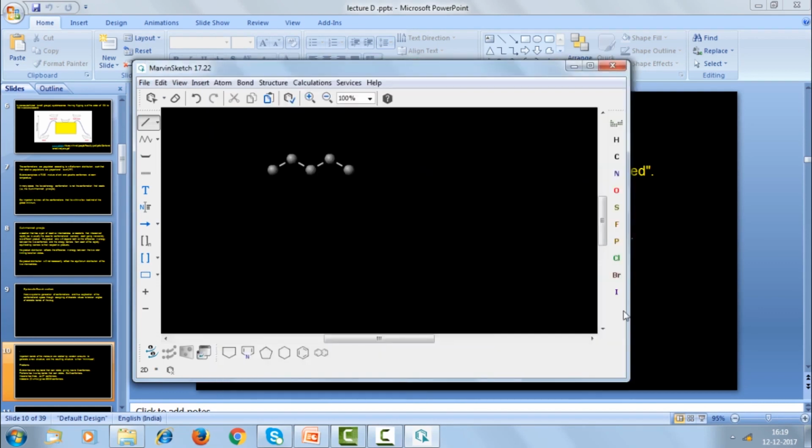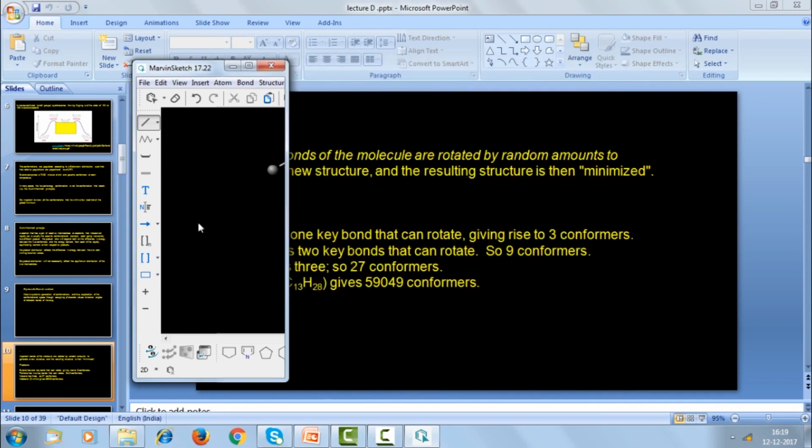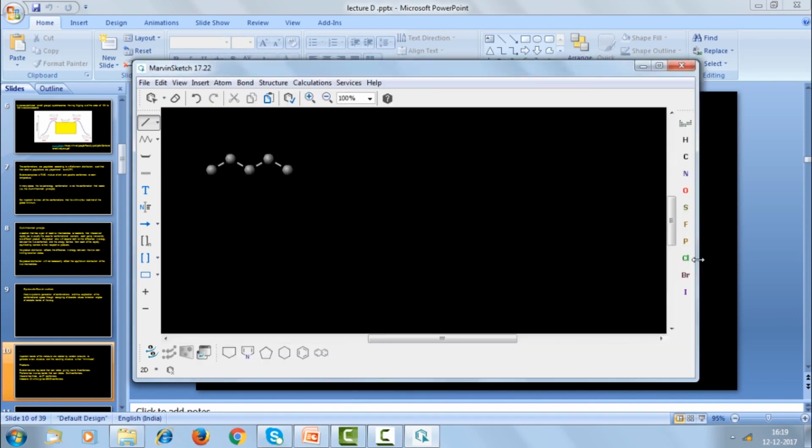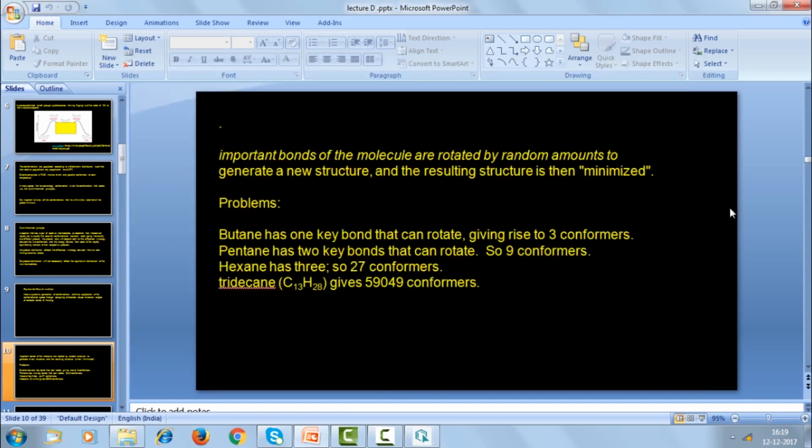Pentane has 2 key bonds, okay. So, this bond and this bond, pentane has 2 key bonds, whereas if you look at butane, it has only 1 key bond. This is the only 1 key bond for butane which can rotate. Pentane has this bond and this bond, 2 key bonds which can rotate.